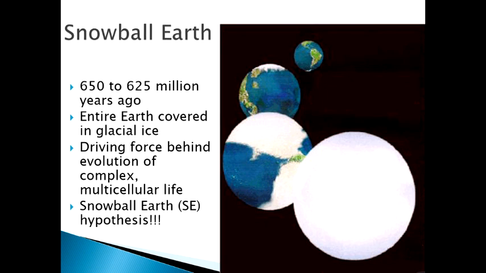Well, we're coming along, we're cruising through the Proterozoic, and near the end of the Proterozoic, at about 650 to 625 million years ago, something profound happens. We get our first set of ice ages, and we get a doozy of them.